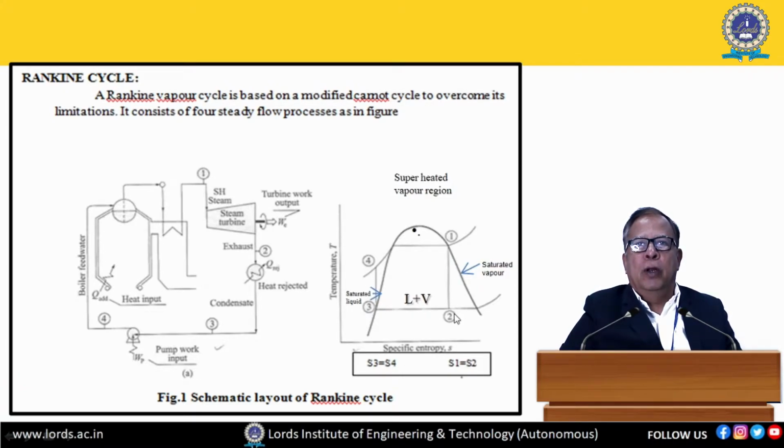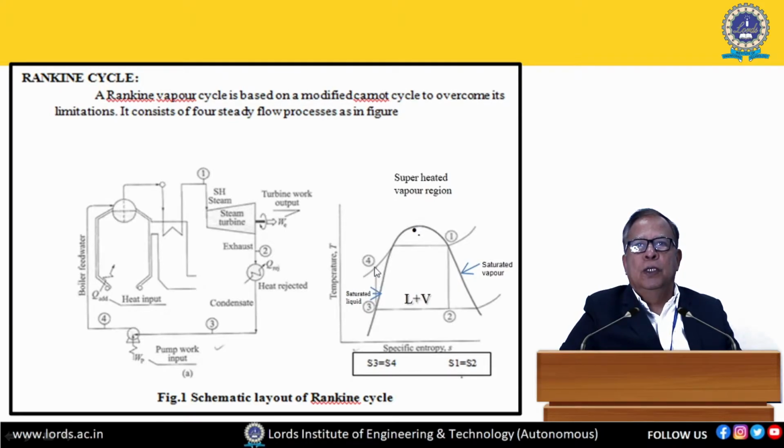After coming from the boiler, the superheated steam is let into the turbine. At 1, the inlet of the turbine, it is expanded in the turbine up to the condenser pressure. So 1 to 2 is the work which has been done in the turbine. At 2, the wet steam enters the condenser.